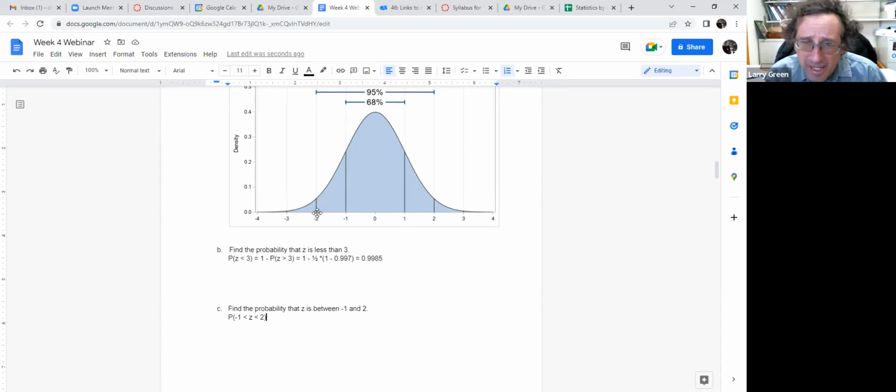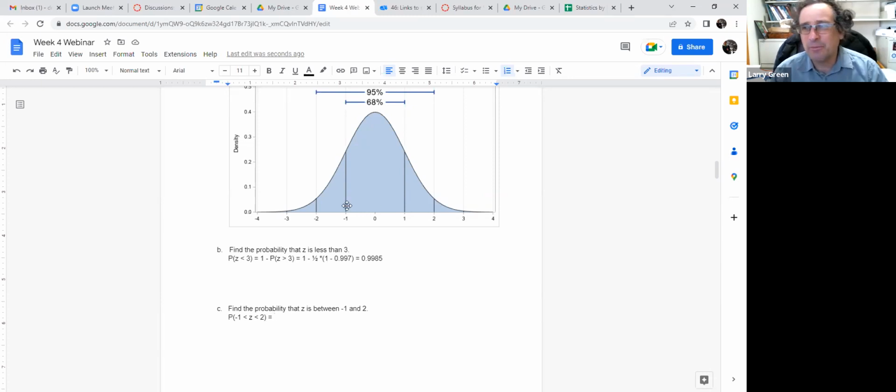We can know the probability between -2 and 2, but these are different numbers, -1 to 2.